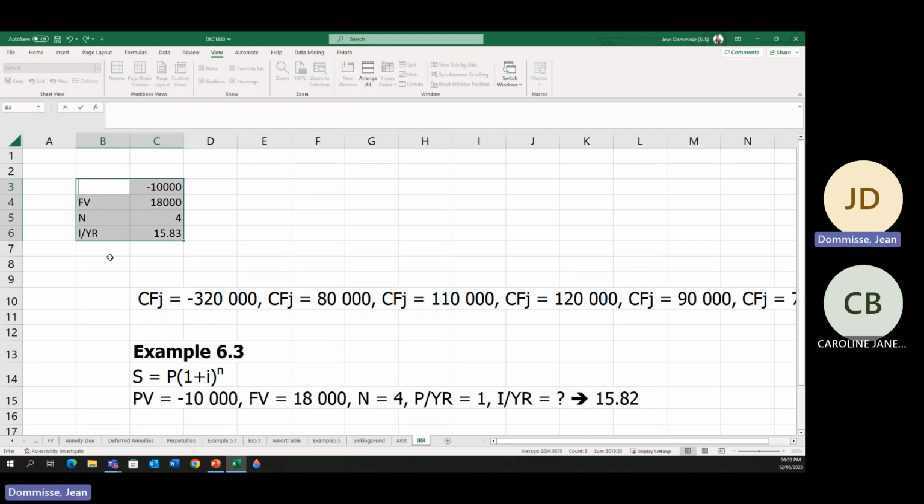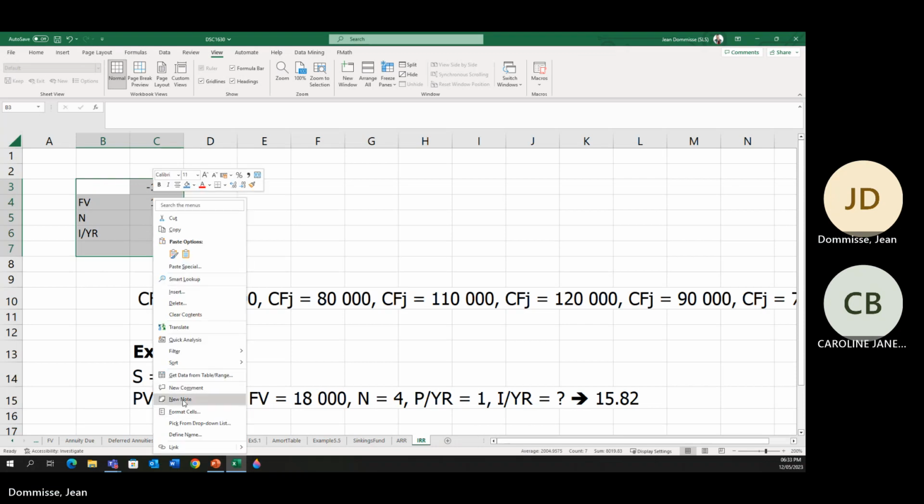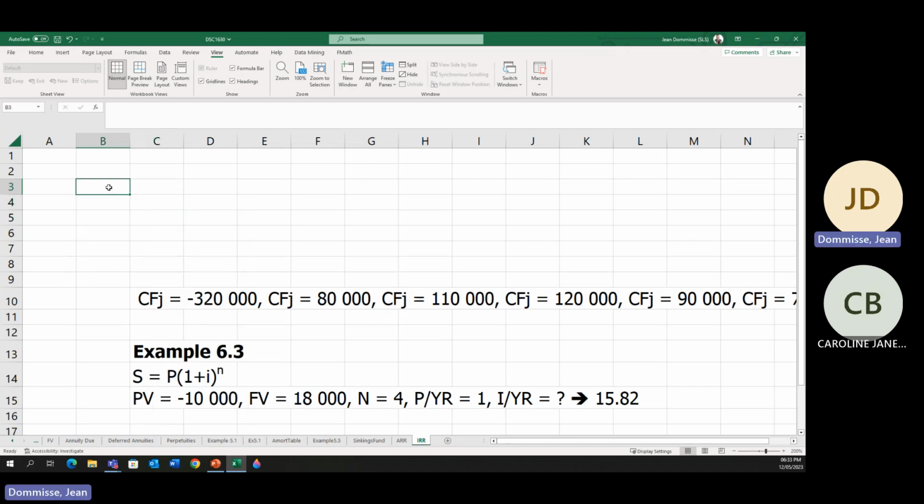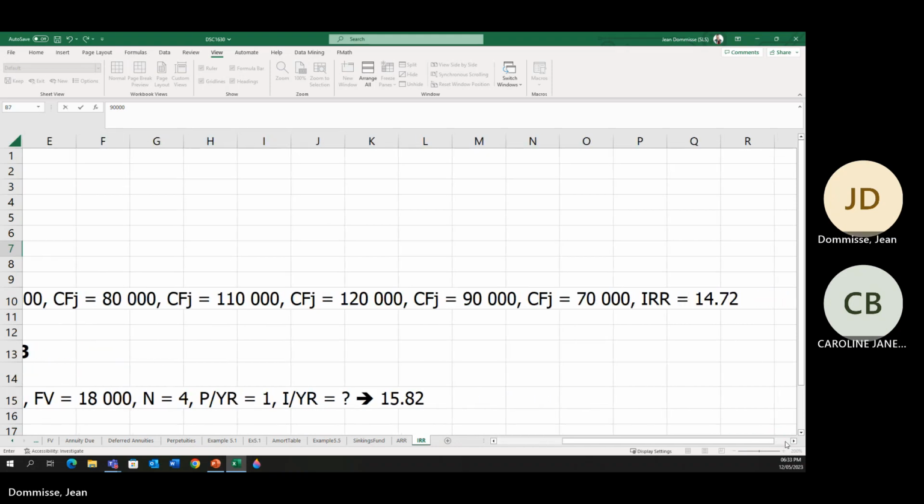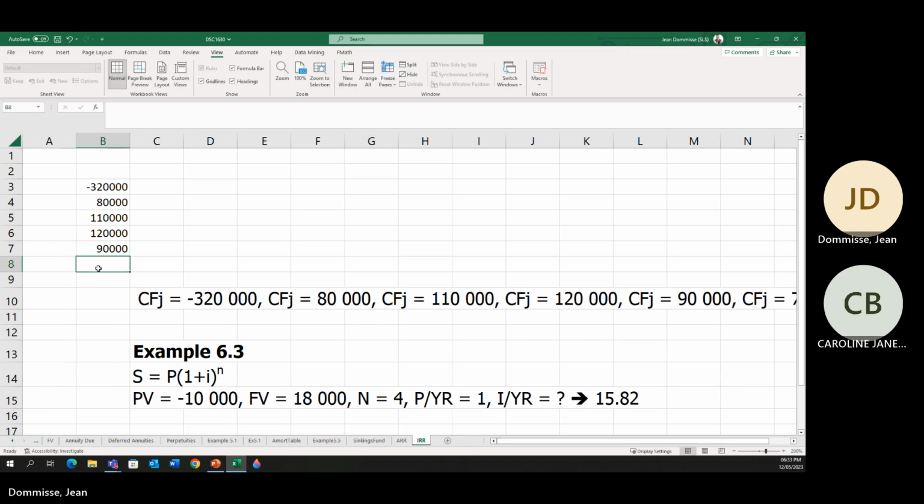So if we add the numbers of 320,000, 80, 110, 120, 90, and 70,000.